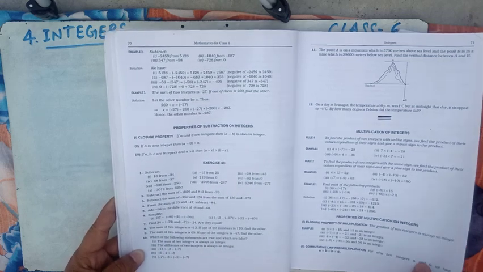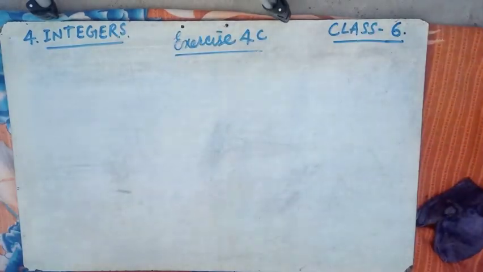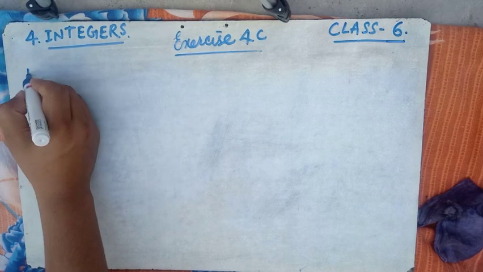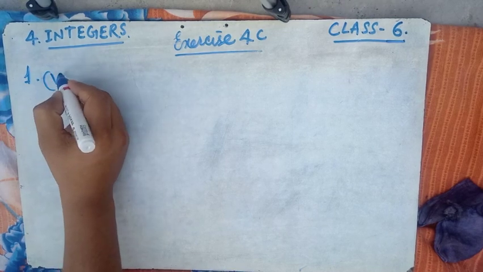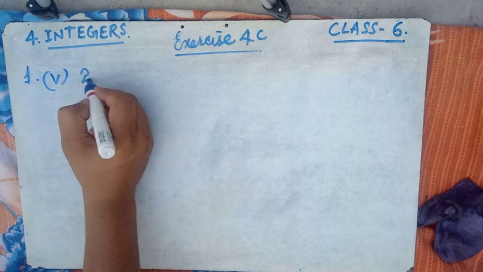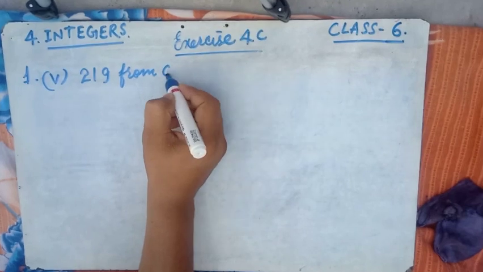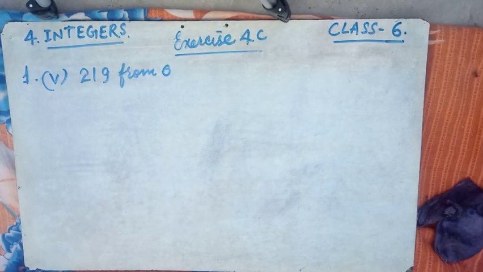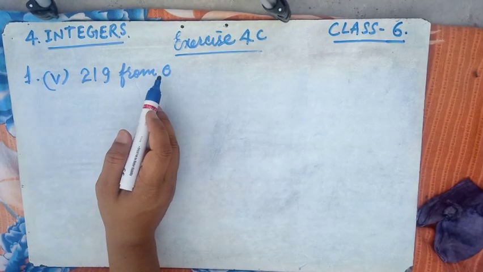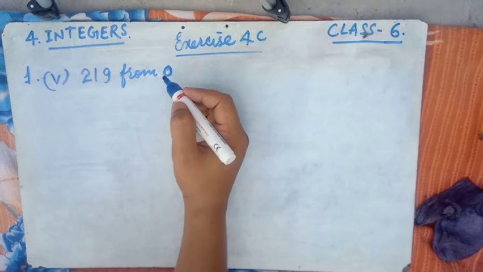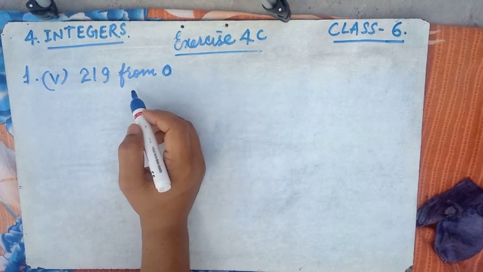Question number 5 says subtract 219 from 0. One thing is very important, friends, a clue to solve this question.